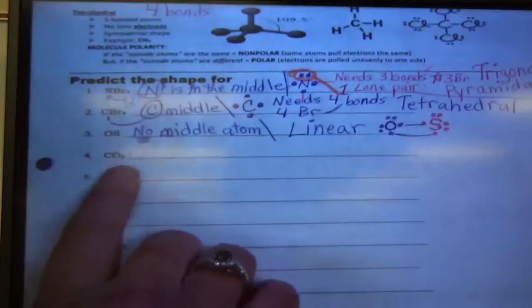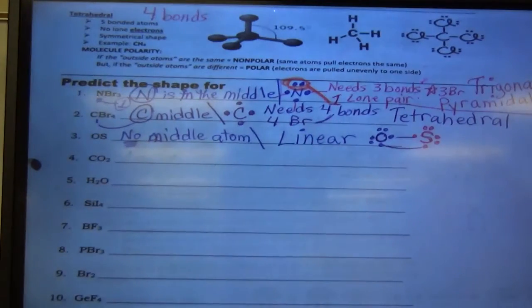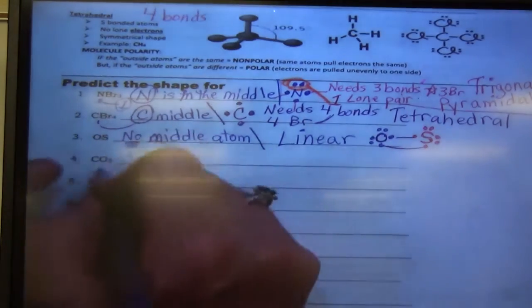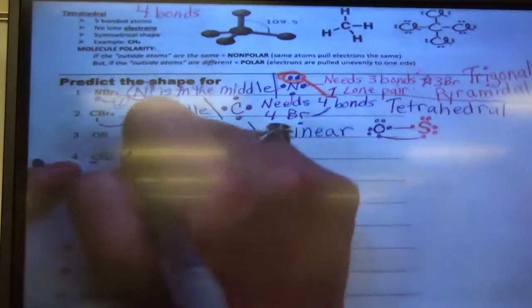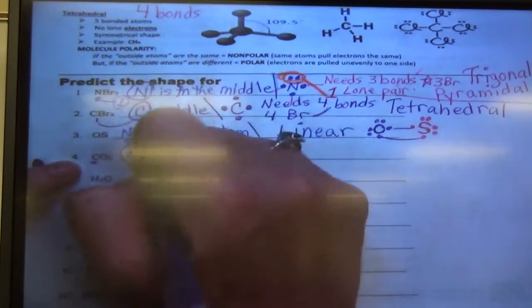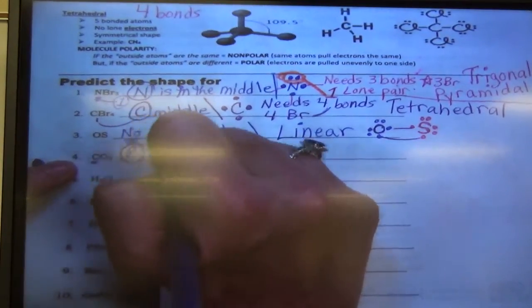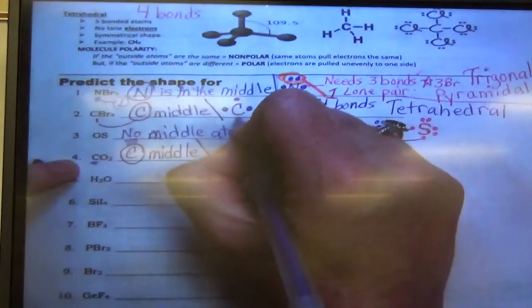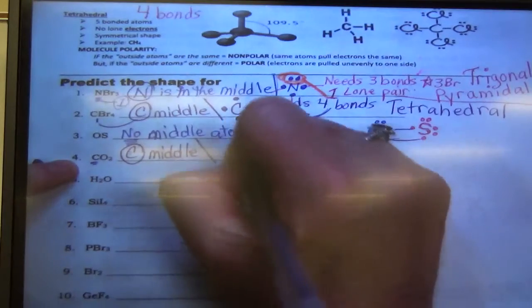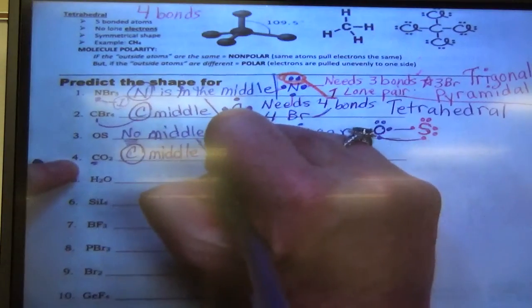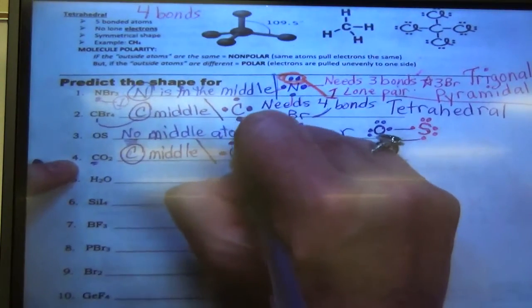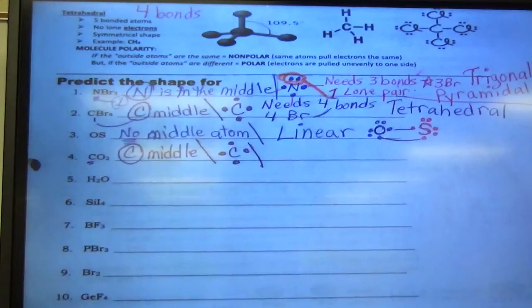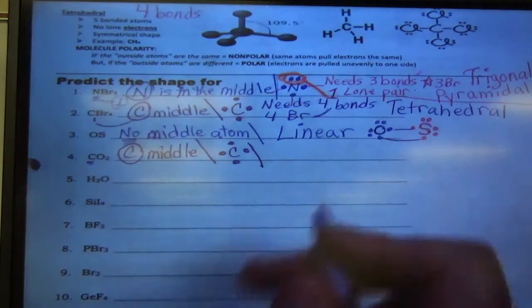Okay, CO2, who's in the middle? Carbon, right, carbon's in the middle. Oh, we had carbon a second ago, so you already know some information about it. How many valence electrons? 4. 4, yes, group 14, 4 valence electrons. 1, 2, 3, 4. Oh, we already know, how many bonds does it need? 4.